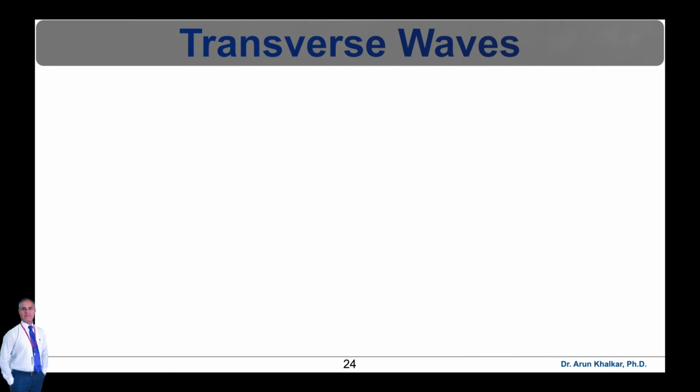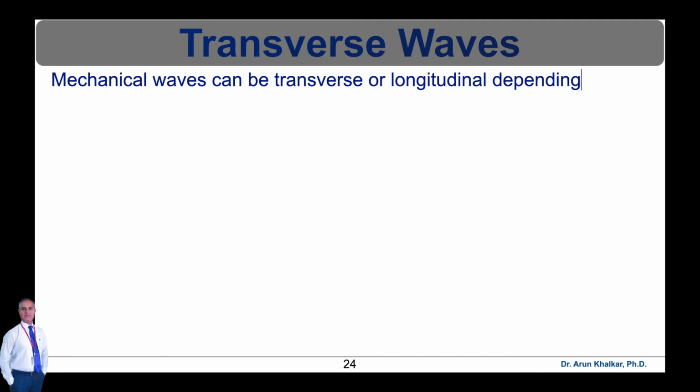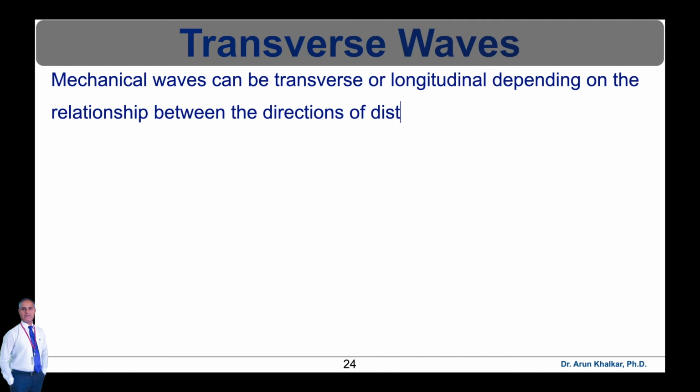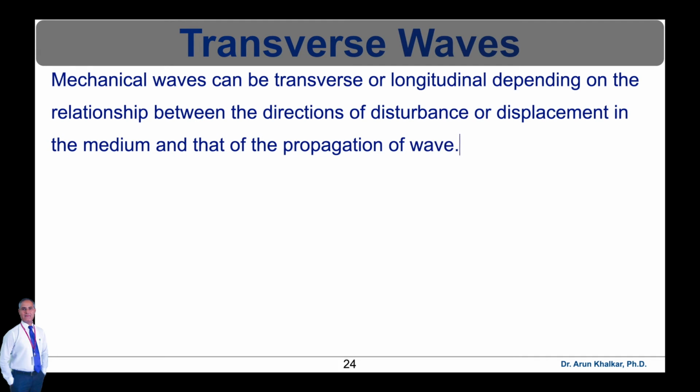Now let's see transverse waves. Mechanical waves can be transverse or longitudinal depending on the relation between the directions of the disturbance or the displacement in the medium and that of the propagation of wave. To differentiate between them, let us consider the response of a stretched string fixed at one end.